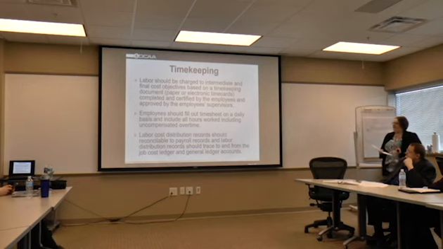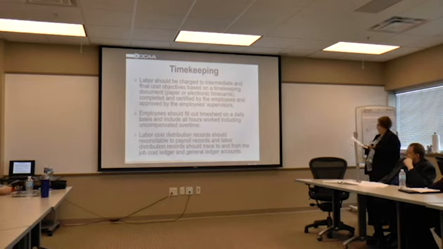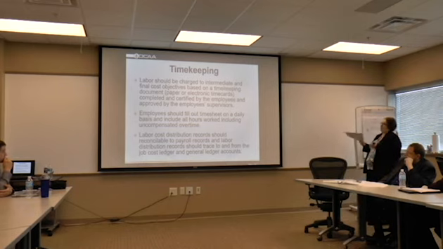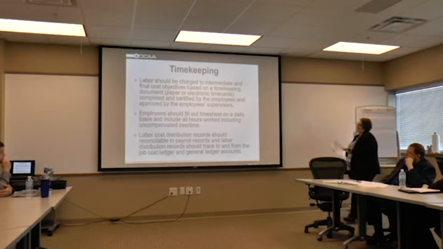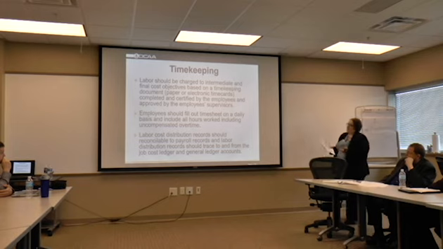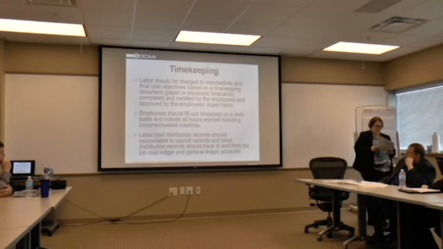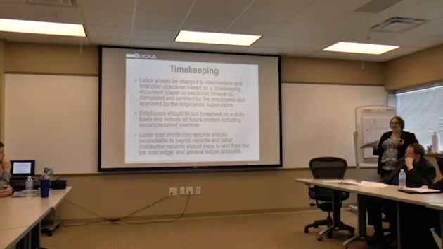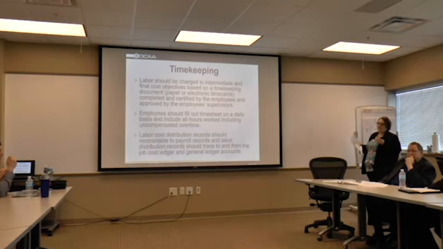So, timekeeping. A few things to remember about timekeeping is that it should be charged to intermediate and final cost objectives. The timekeeping documents can be paper or electronic, but there should be controls on access to the timesheets.